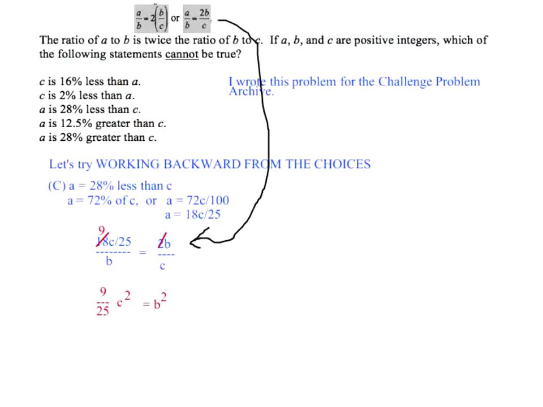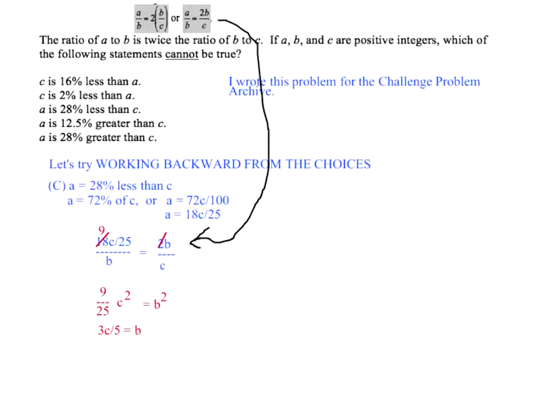Can you get integers to do that? Well, sure you can. You can let C be 5, and then B would be... C has to be some multiple of 5. You can take a square root of that, so it's 3C over 5 is B. So if you have that, then you can start looking to see if you can get integers.